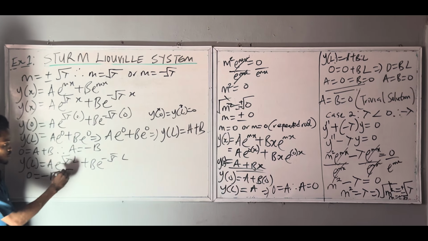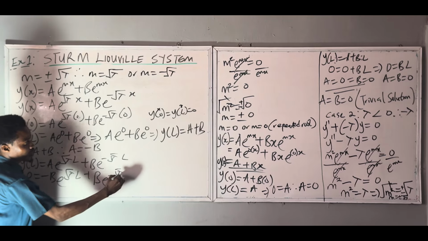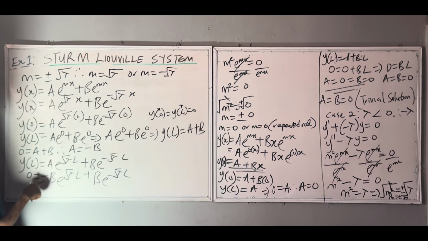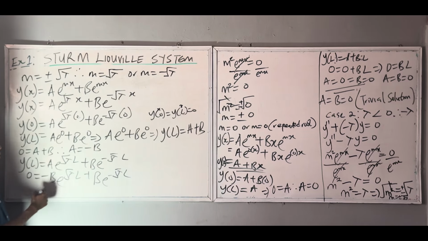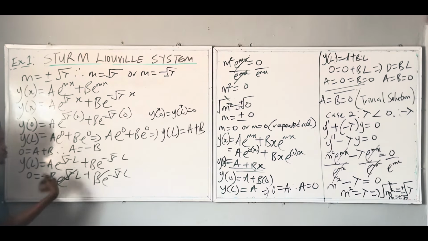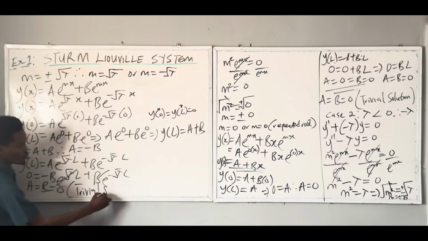So I'm going to have minus b exponential square root of lambda n plus b exponential minus square root of lambda n. You can see they cancel, it's going to be nothing. Therefore, my a is equal to 0 and my b is equal to 0. So a is equal to b is equal to 0. You can see this is a trivial solution.